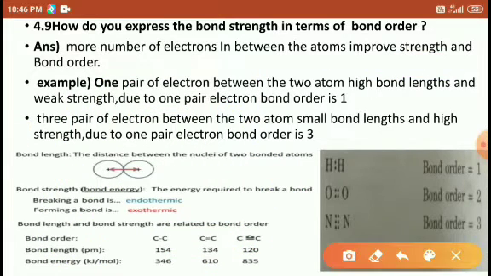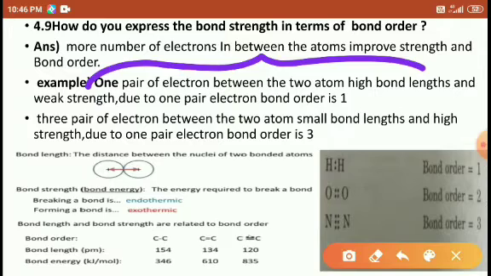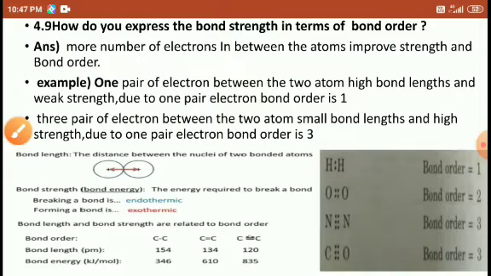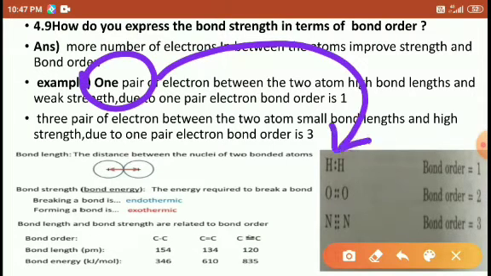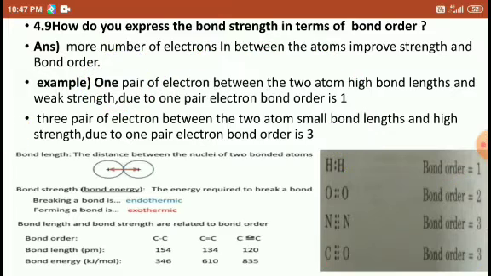Okay, for example, when one pair of electrons is present between the 2 atoms, there is a high bond length and weak strength, and the bond order is 1. For example, N bond N, or you may use H here. Only one pair of electrons is present, so the bond order is 1, so it is more easily dissociated.